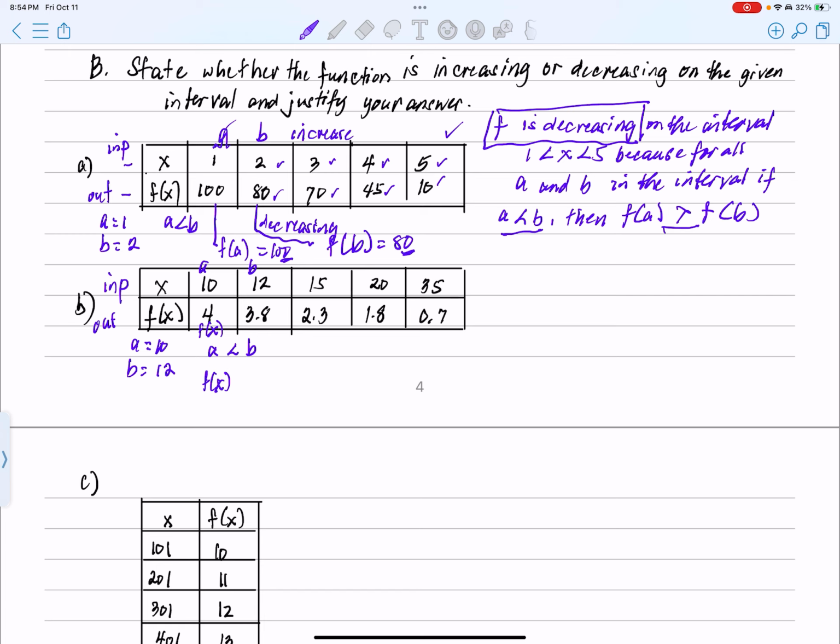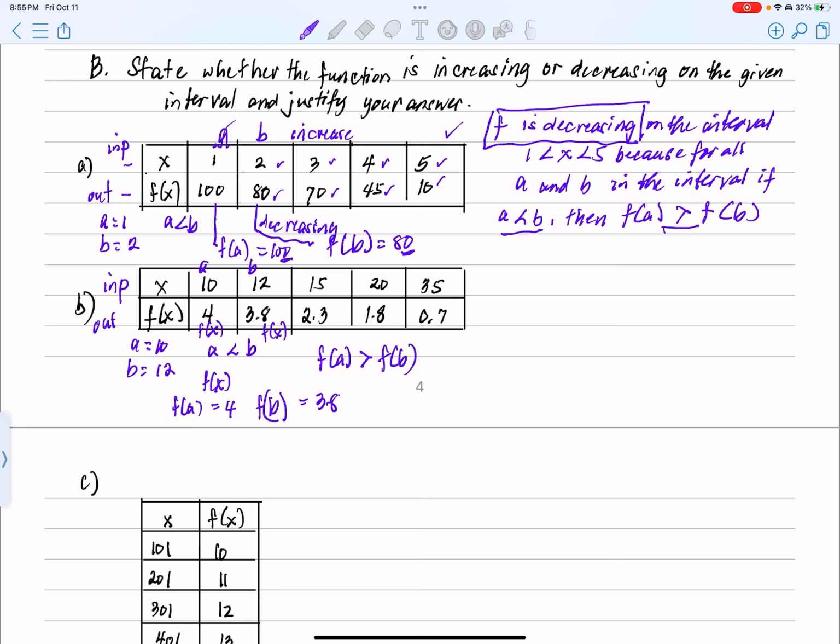And when it's B, it's 3.8. So that means our f of A is 4, and the f of B is 3.8.